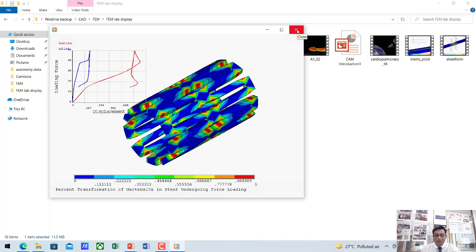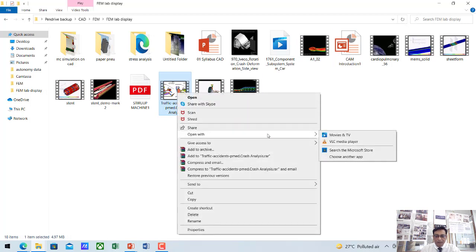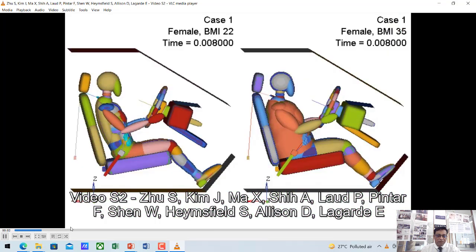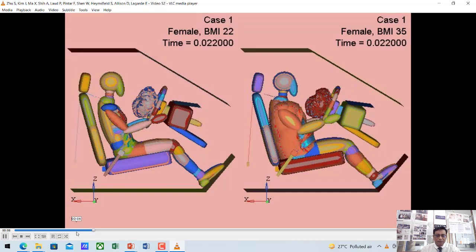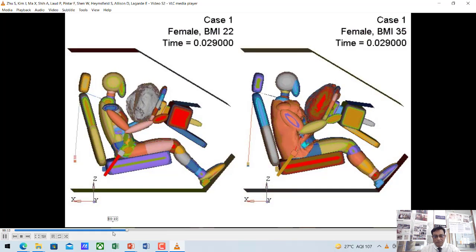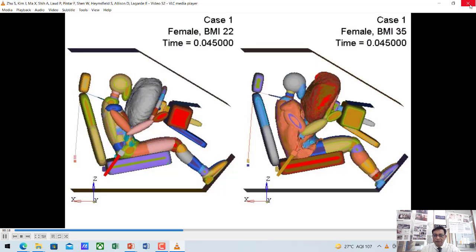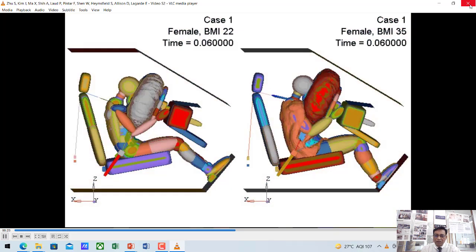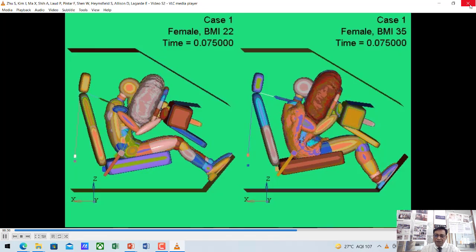Then traffic accident analysis, airbag, male and female while riding the car, what is the impact of the steering on the human head, and what is the safety of the seat belt.